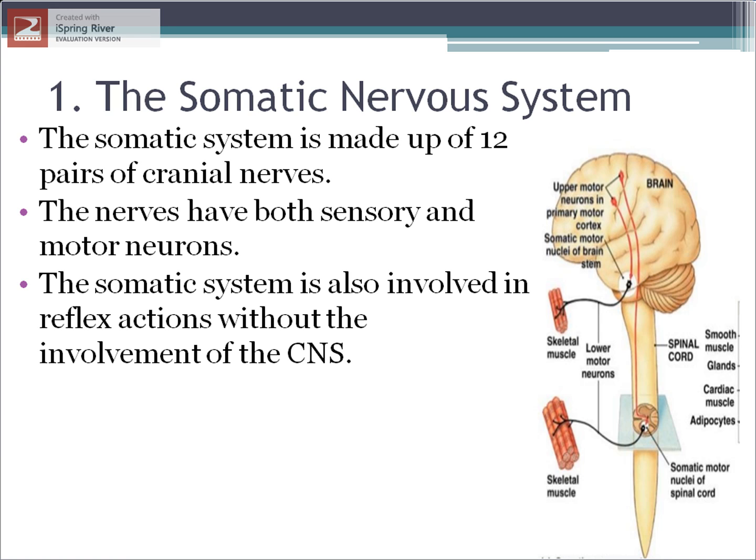These nerves have both sensory neurons and motor neurons. Sensory neurons relay messages to the CNS, and motor neurons relay information from the CNS to the other areas of the brain. The somatic system is also involved in reflex actions without the involvement of the CNS, which allows the reflex to occur very quickly.